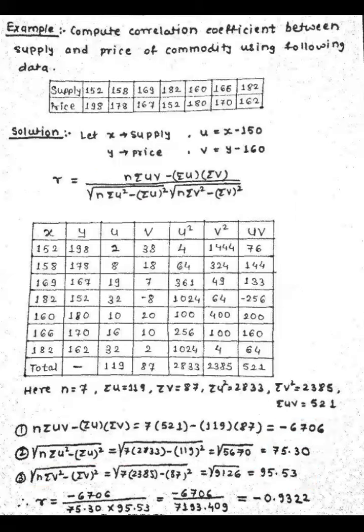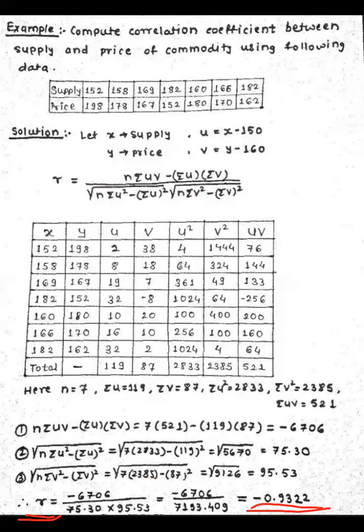And now just put them into this r formula. Simplifying these terms, you will obtain minus 0.9322. So, students, here the correlation value r is negative, and it is minus 0.932.